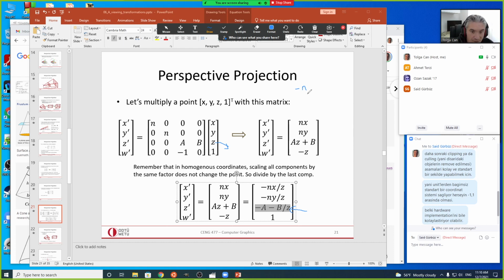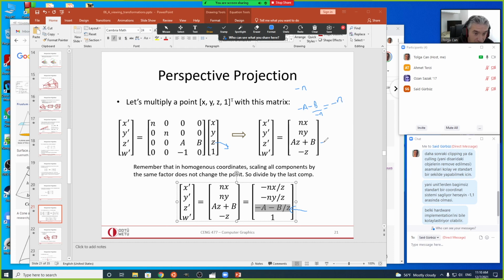So in other words, I need to write minus a minus b divided by minus n. This was its z coordinate, this should be equal to minus n. So for minus n, this transformation should not change minus n. It should stay at minus n.